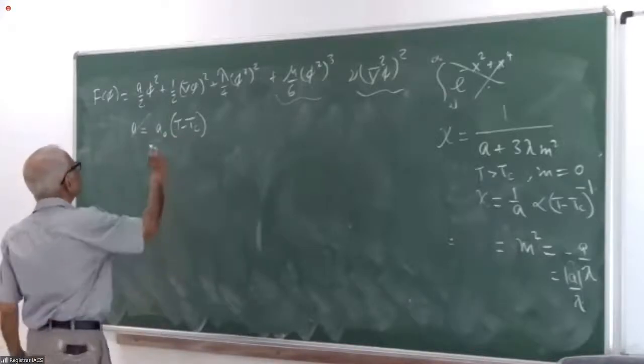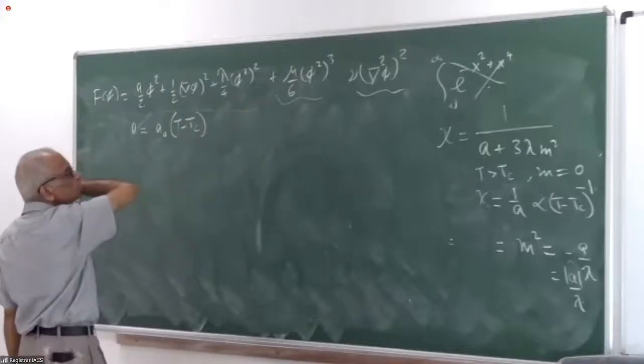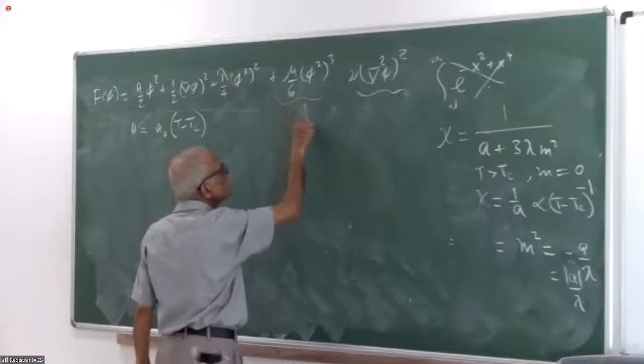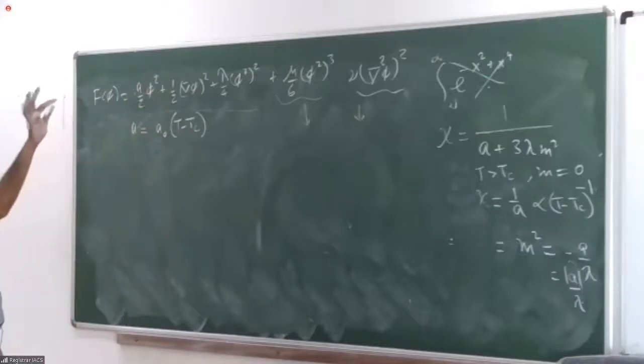So this f of phi is going to be the starting point, and for some reason this term and all terms of this kind are not going to be so important.